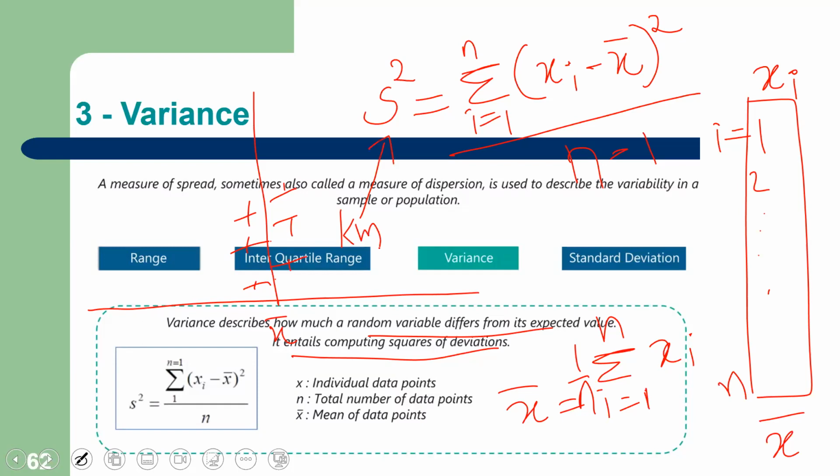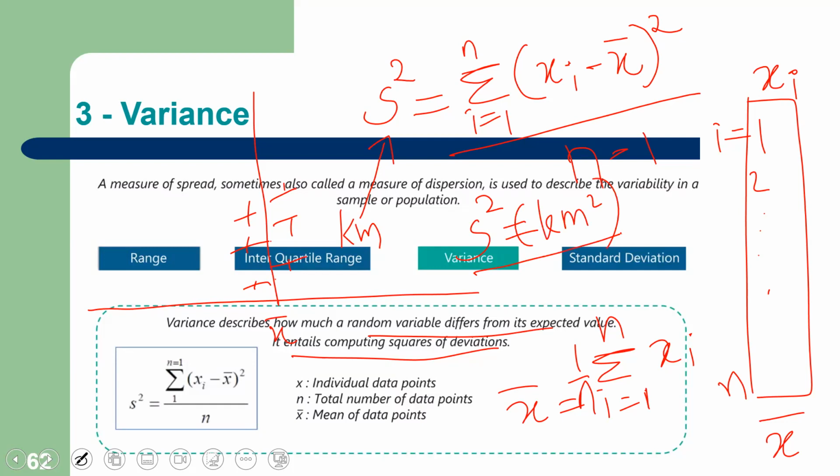My xi minus x bar whole square: xi is in kilometers and x bar is also in kilometers, so I will get kilometers, then I will square it. It means that s square will be in terms of kilometer square. But the data we are dealing with is in kilometers, and this will be a square.